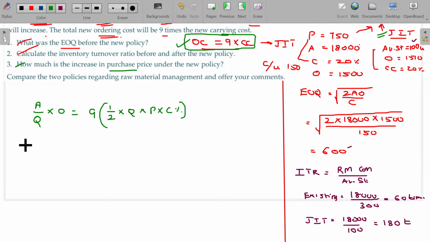The annual requirement in this case is 18,000. What is the quantity you order every time here? Average 100 means quantity ordered should be 200, since average is quantity by 2.